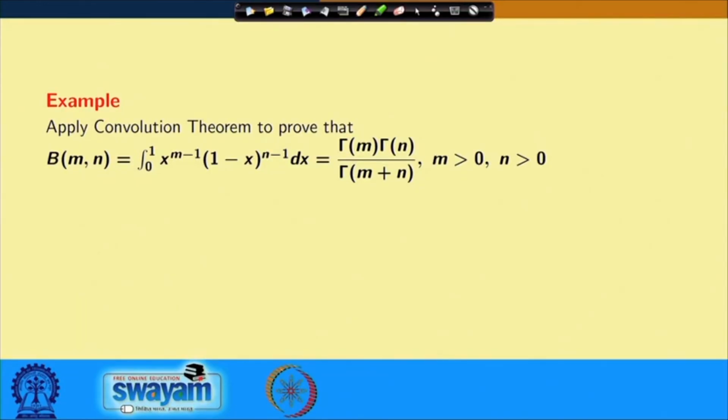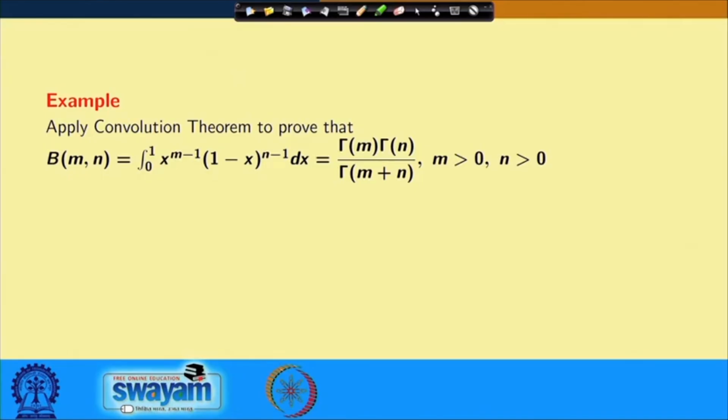In this particular lecture, what we are going to do is find the solution of some integrals using the concept of Laplace transform. The first one: apply the convolution theorem to prove that beta m n, a very well known function which is taught in the first years of engineering courses, the beta function.